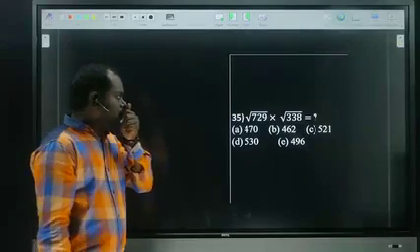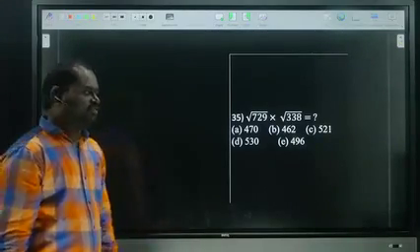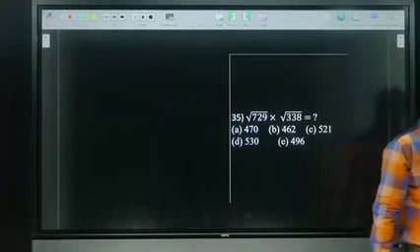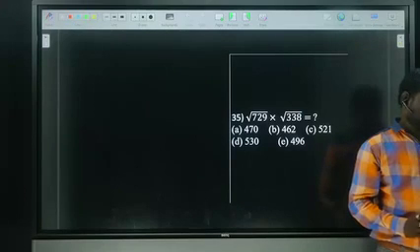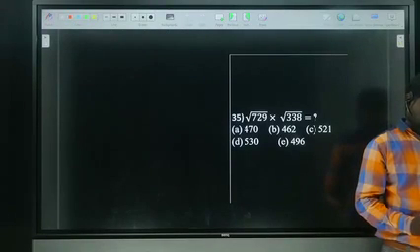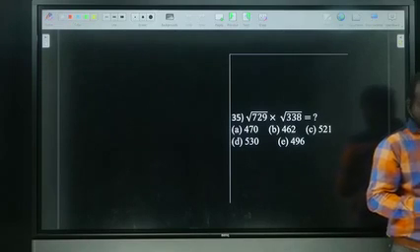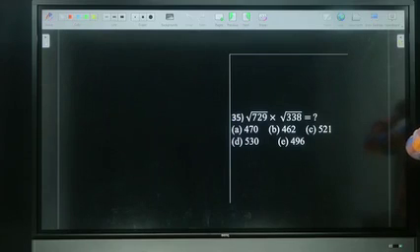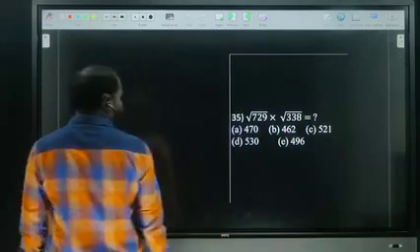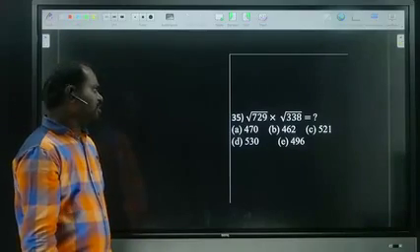Once try that. Option E is right. So under root of 729 into under root of 338.